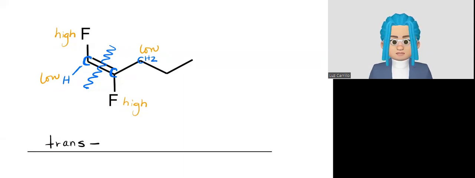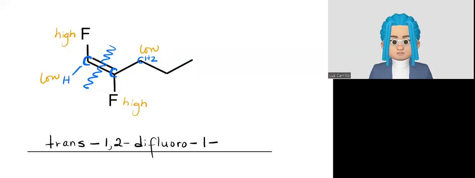Then we can actually proceed to name this alkene. So when it comes to this alkene, we see that on position 1 and on position 2, we have two fluorines. So this is 1,2-difluoro. The carbon-carbon double bond is on the first carbon.